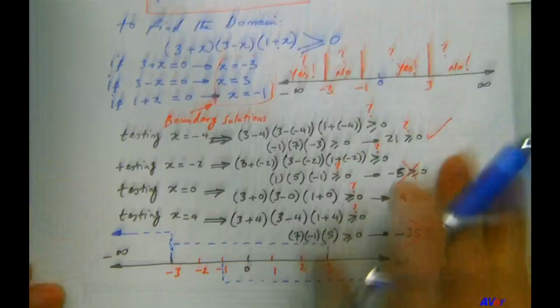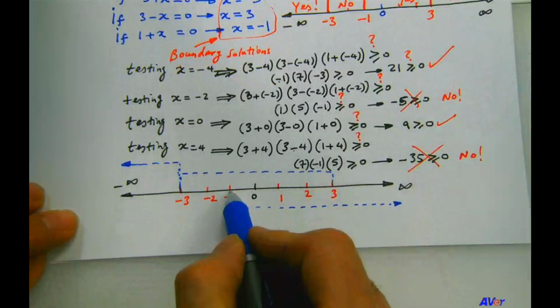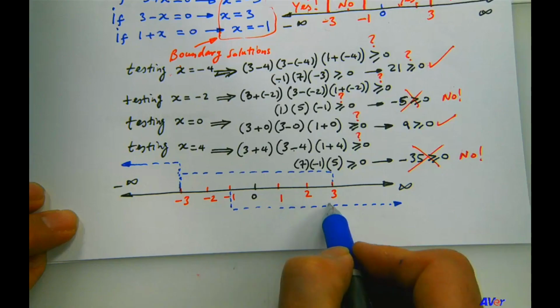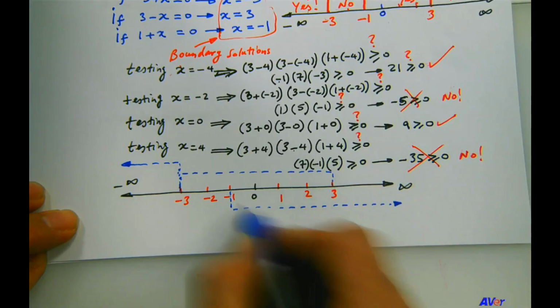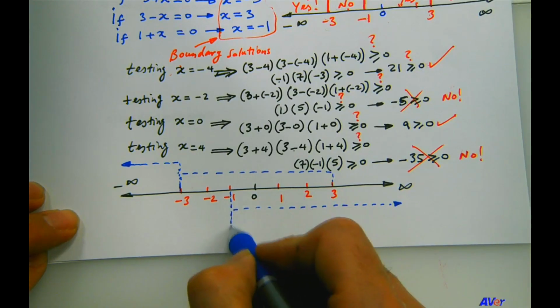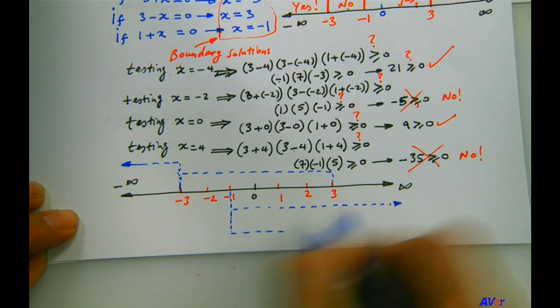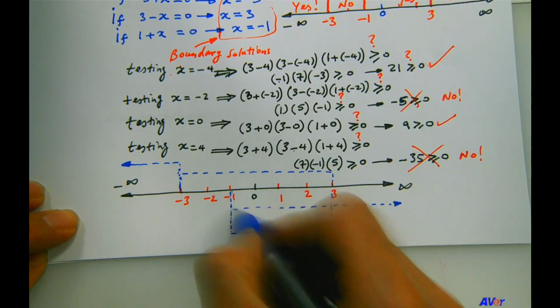So let's see the other piece, which was negative 1 to 3. Negative 1 to 3 is right here. This piece. That piece.